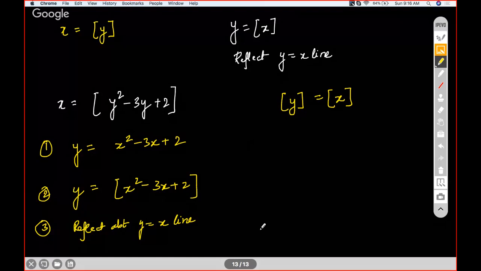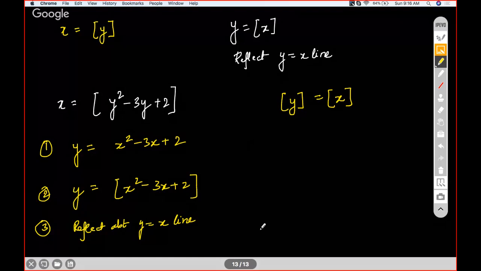So if I put in a value of x as, maybe, 1.5, then the GIF of that would be 1. That'll give you GIF of x, but then I have to find out 2 equals GIF of y.